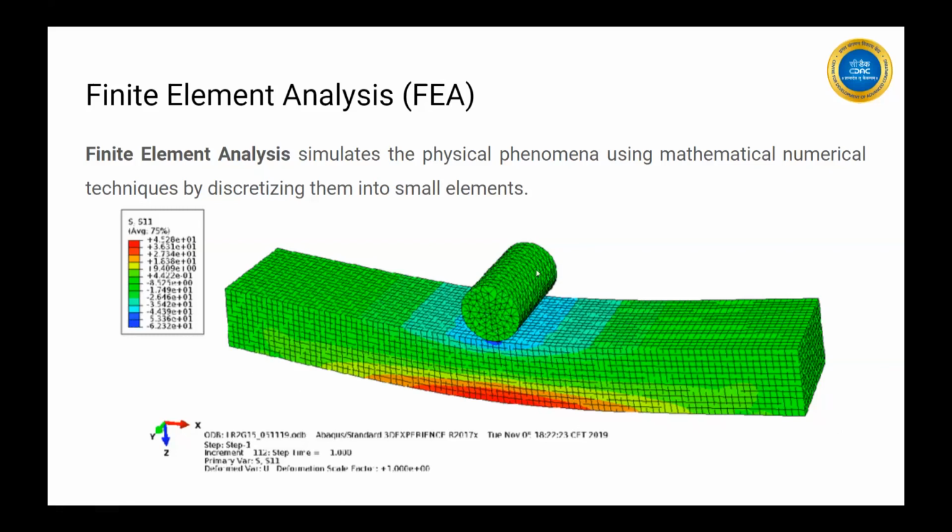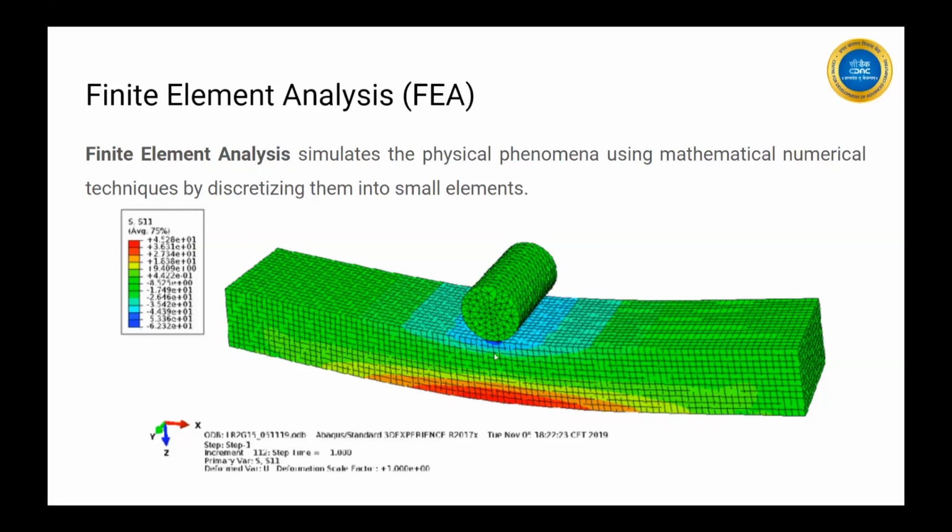The cylinder is inserting a force on this beam, and this beam is being exposed to that force, which is analyzed by discretizing the part into small elements. With that we can verify whether the part will hold the load or not, and which area has more stress concentration.